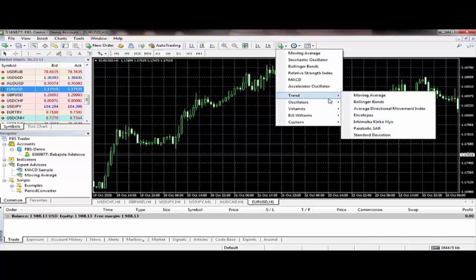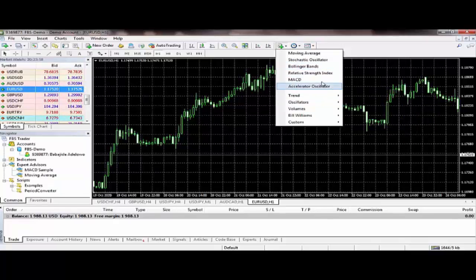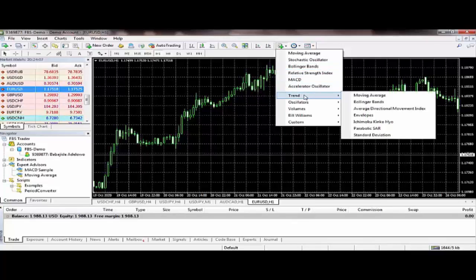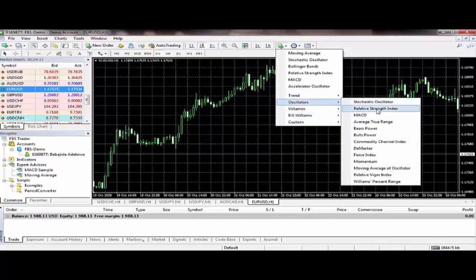The common ones that people are used to are the moving averages. We have the simple moving average and the exponential moving average. Then we have stochastic, so we have it here. People use it a lot.